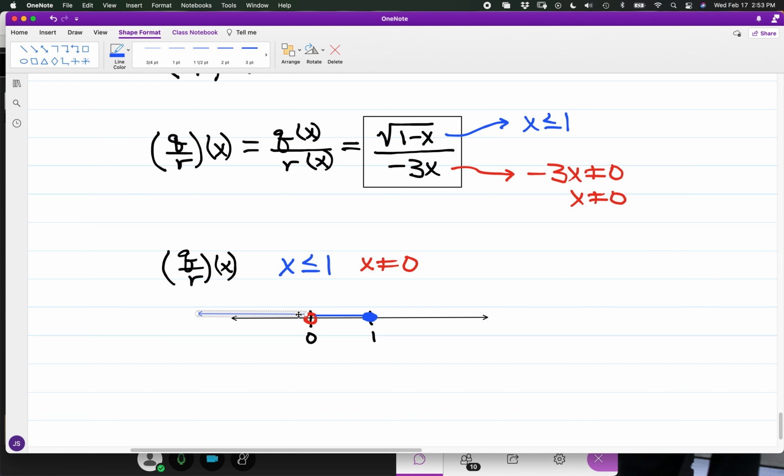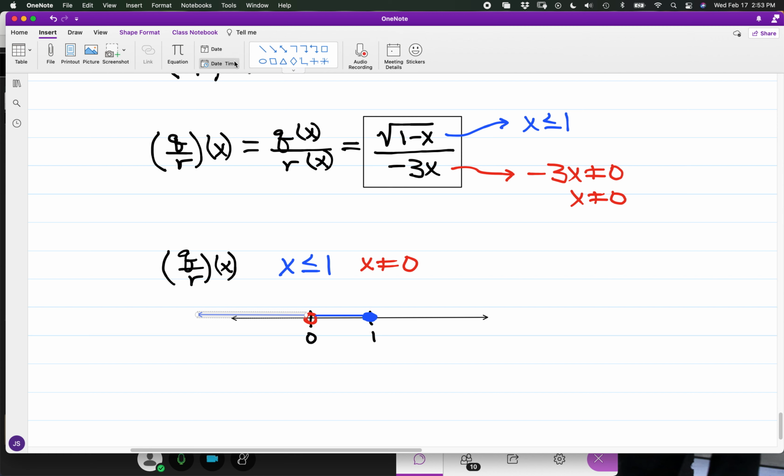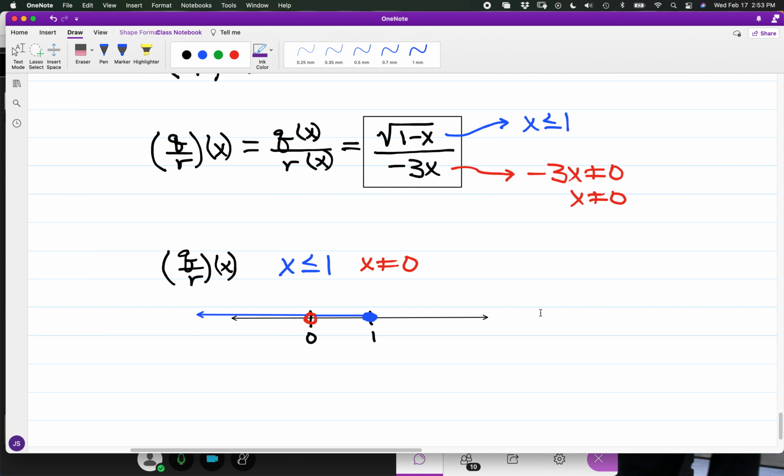And have a ray that is going to go out to the left. So, again, we have approaching negative infinity.